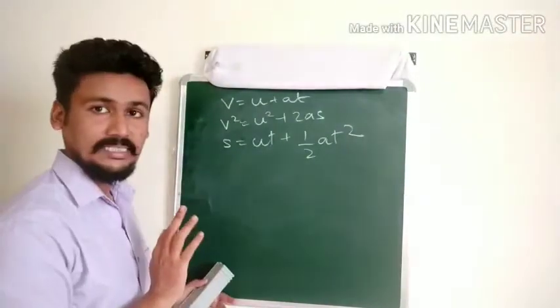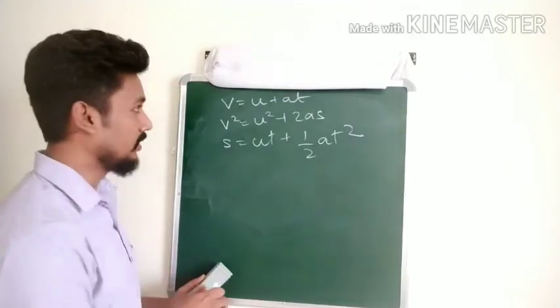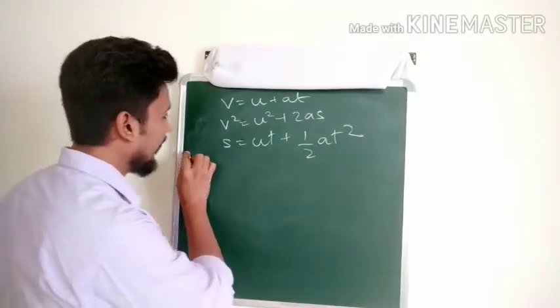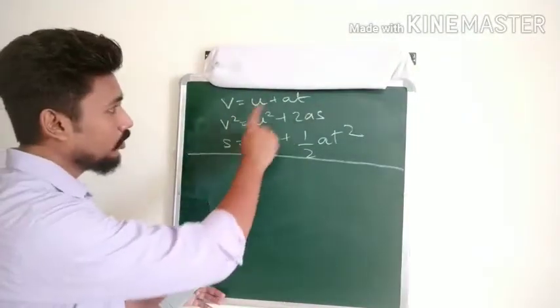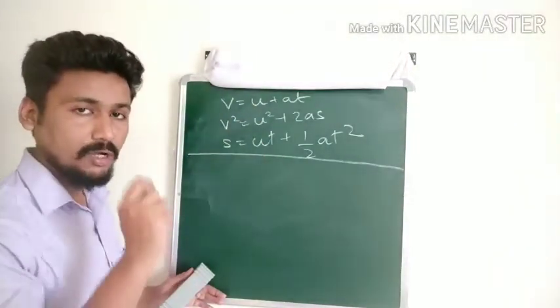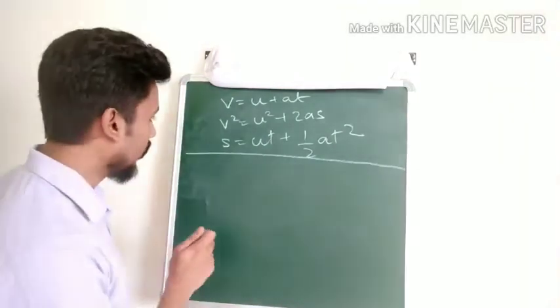Now, how to understand which equation we should choose when we are solving the problems? Okay, so here is a simple thing we have to understand. We have to look at our given values and on that basis we should select the equation which we want to use.